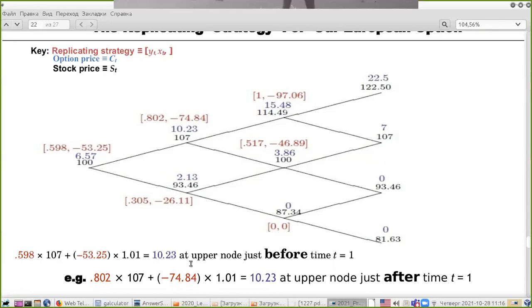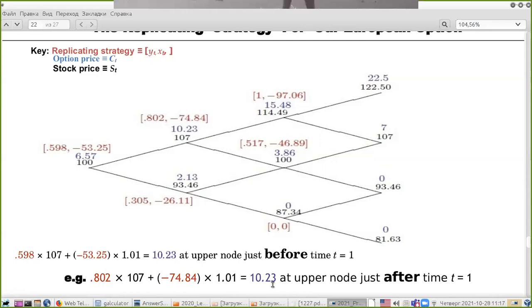But if we compute just after this time, we now use this portfolio, with this amount multiplied by 107, and this value multiplied by the discount factor, and the value 10.23 is the same.